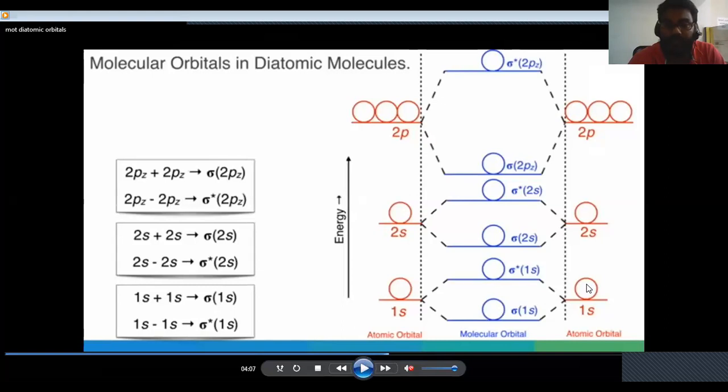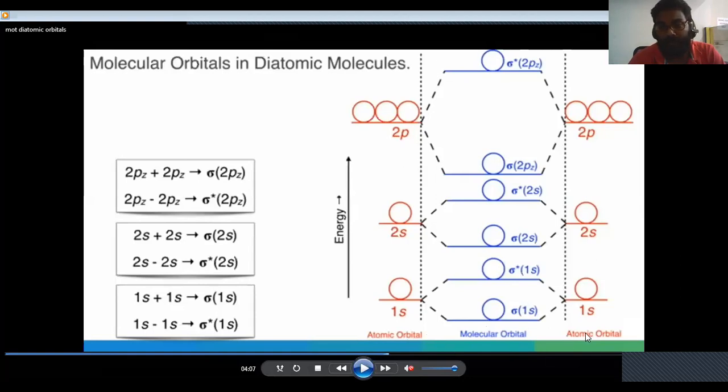The 2p has 3 orbitals, each with 2 electrons, so 3 into 2 is 6 electrons. These are called bonding and anti-bonding orbitals, the molecular orbitals.